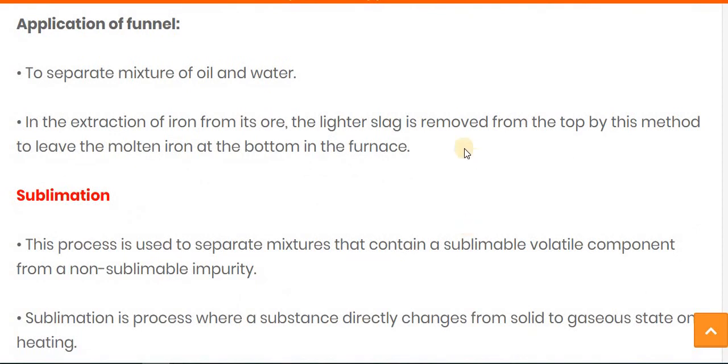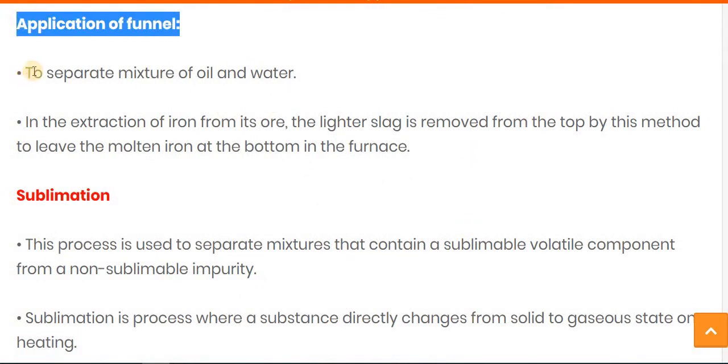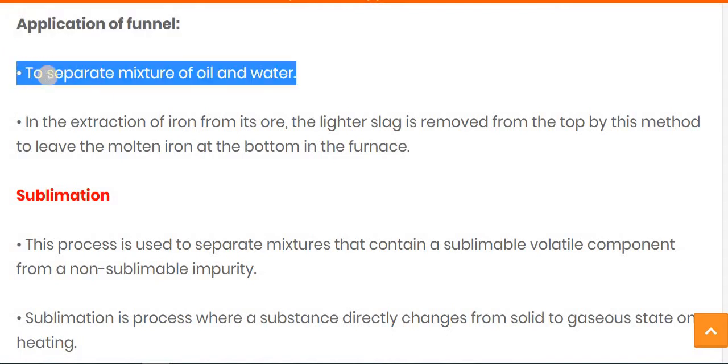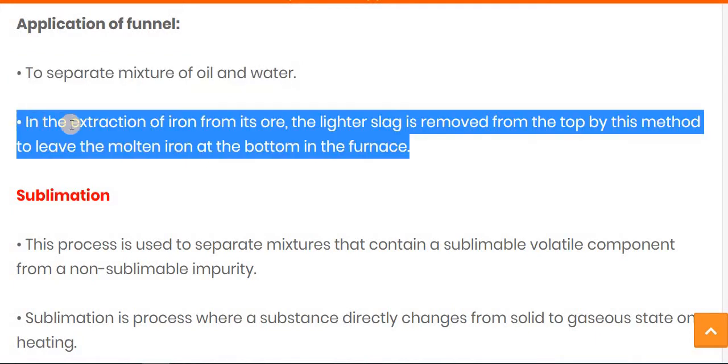Now the applications of this funnel, where we can use it. The first application is to separate a mixture of oil and water. The second is in the extraction of iron from its ore. The lighter slag is removed from the top by this method to leave the molten iron at the bottom of the furnace.